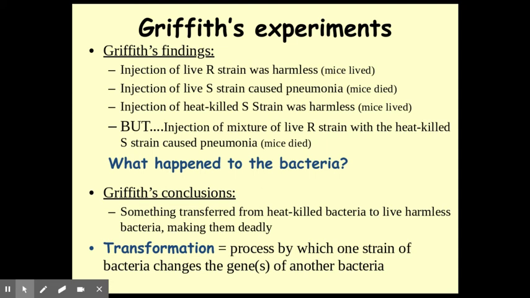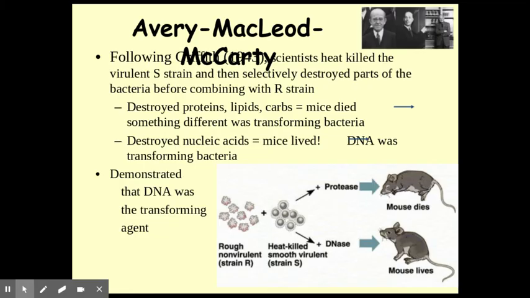So his conclusion was that something transferred from the heat killed bacteria to the live, harmless bacteria, making them deadly. So he transformed it. And so this process is called transformation, and it's where one strand of bacteria changes the genes of another strand of bacteria to have a different effect than expected.